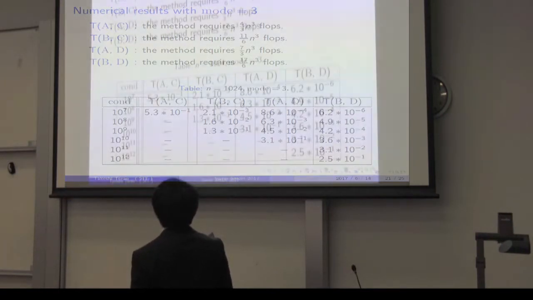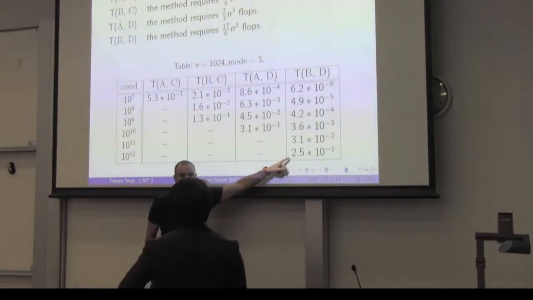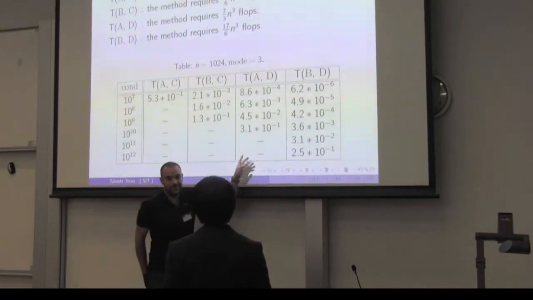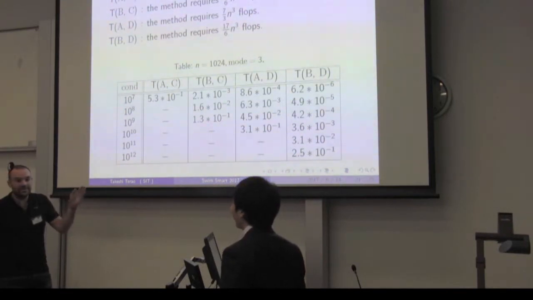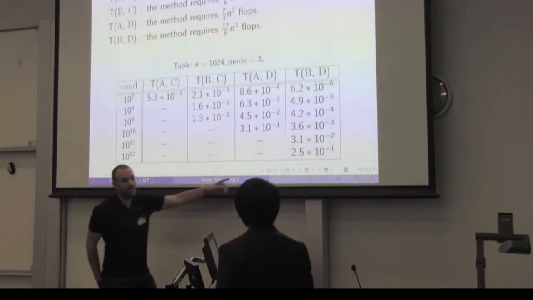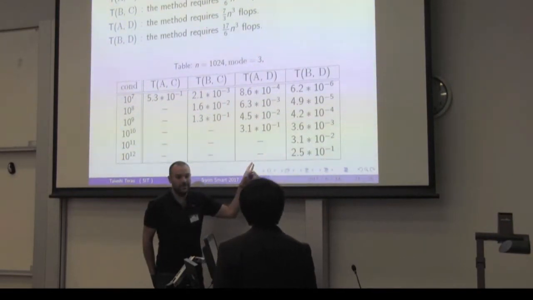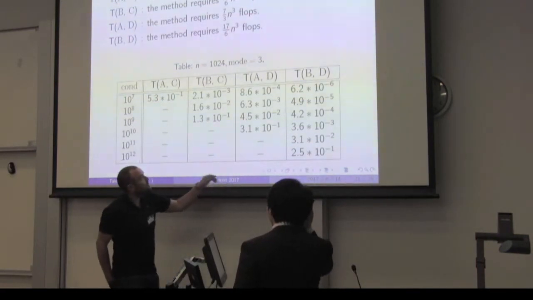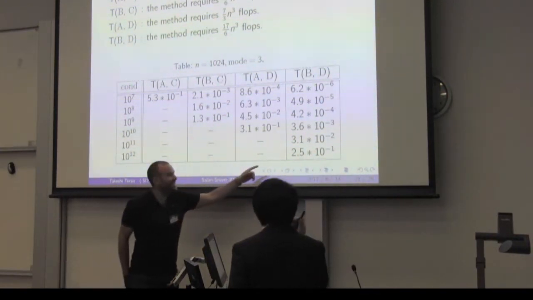I can understand. But in this case, your method is able to prove that the matrix is non-singular, and this one does not work at all. So you're able to prove that the matrix is invertible in this case, but not in this case. Yes. So my question is, why does it work?